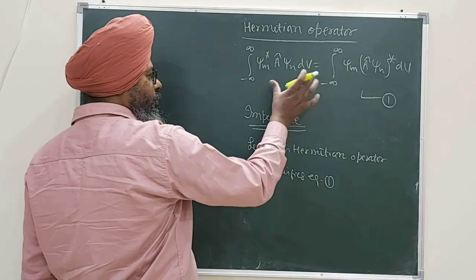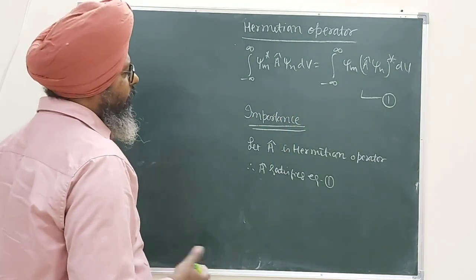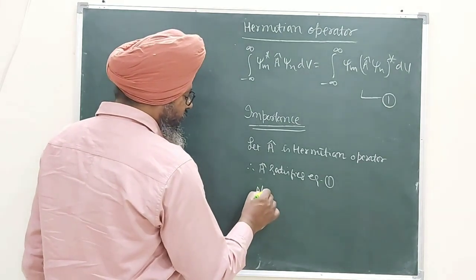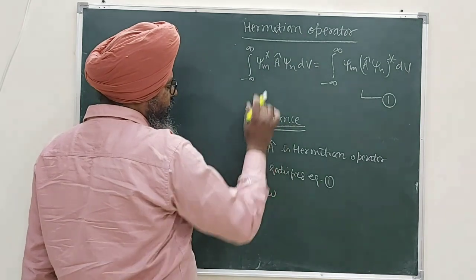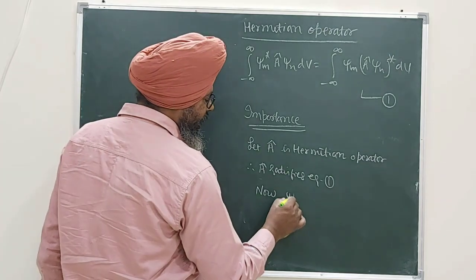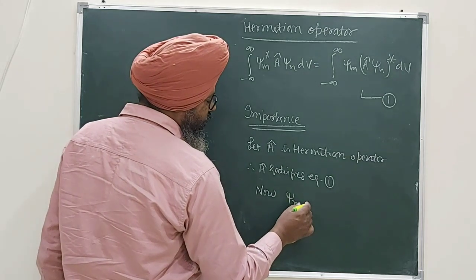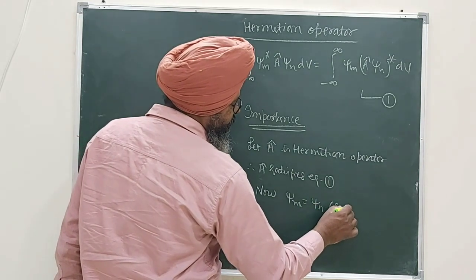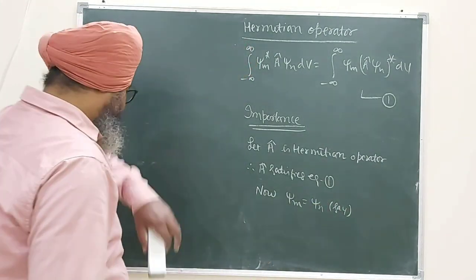So this equation is satisfied by A cap because A cap is a Hermitian operator. Now we assume that both of these wave functions are identical. Let us say I assume psi m is equal to psi n. Say both of these wave functions are identical.